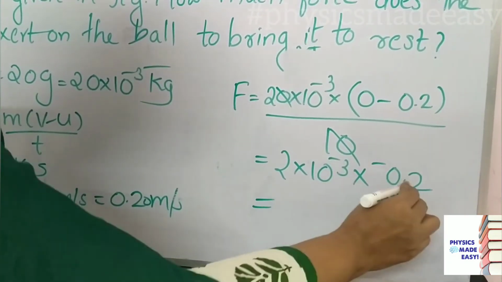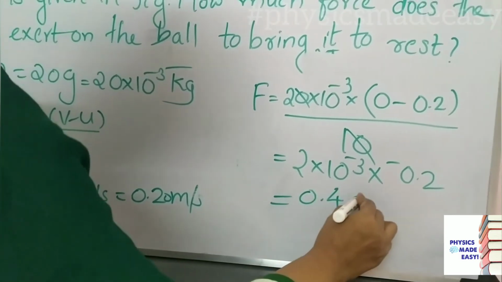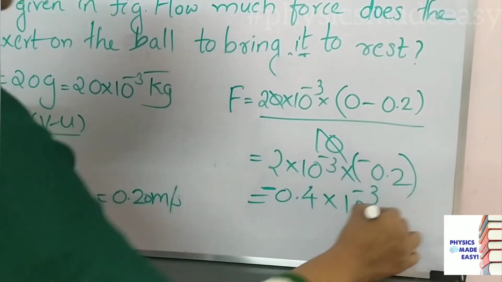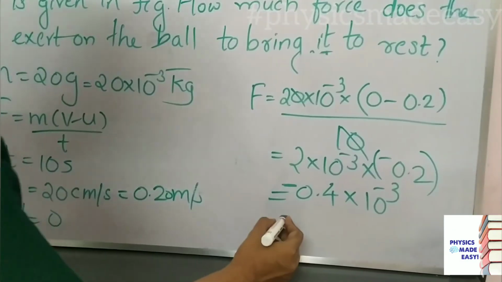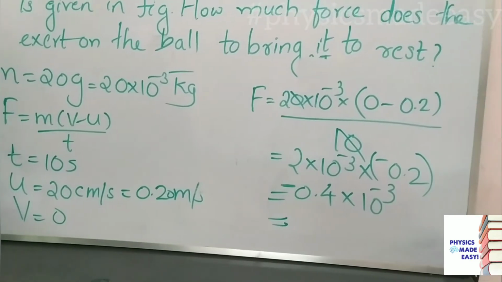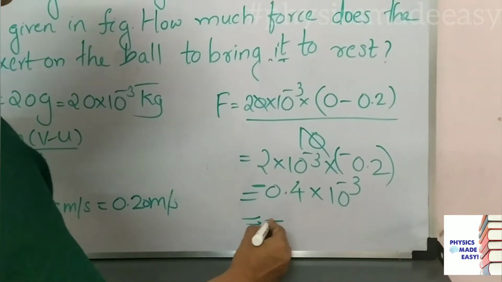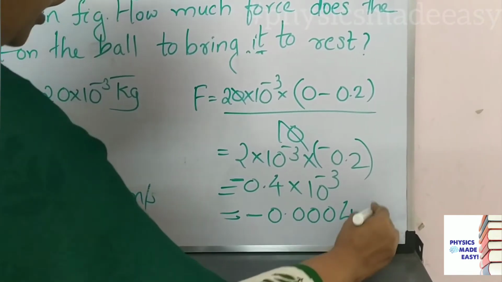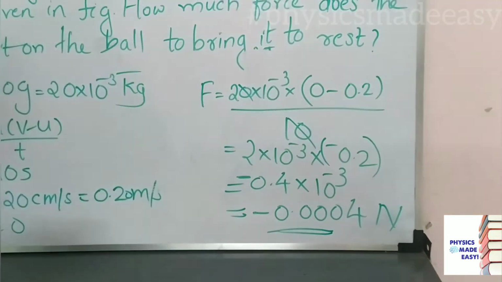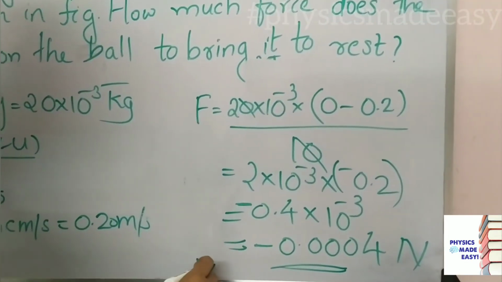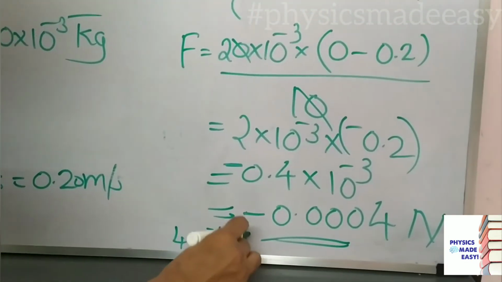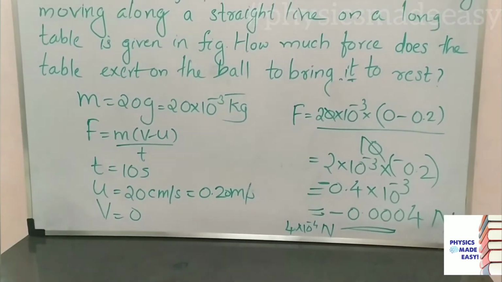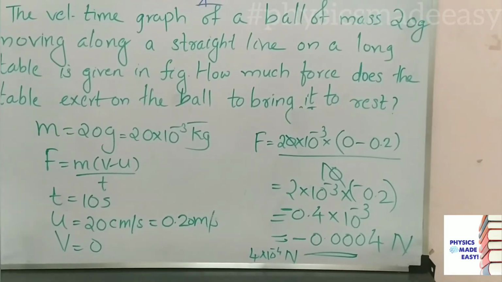Thus you can write 2 into 0.2, 0.4 into 10 raised to minus 3. Here also a minus sign there. This is minus 0.2. So here you will get minus 0.4 into 10 raised to minus 3. This we can write as minus 0.0004 Newton, or you can write this as 4 into 10 raised to minus 4 Newton. Both ways you can use there. So this is the force applied on that ball to bring it to rest.